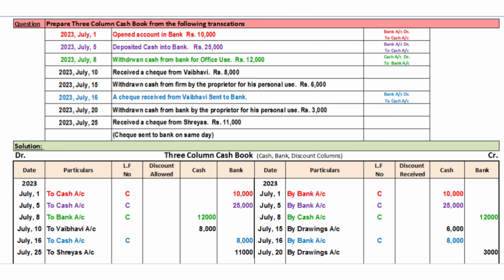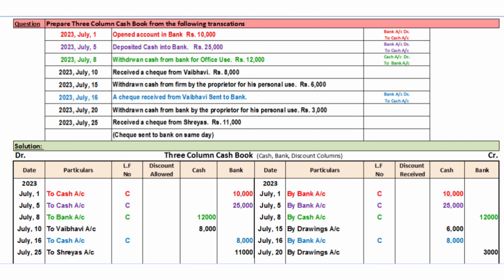Prepare 3-column cash book from the following transactions: 2023 July 1st. Some transactions mentioned here are indicated with colors. That means the transactions in colors other than black are contra entries. There are red color transactions, purple color, green color and blue color.